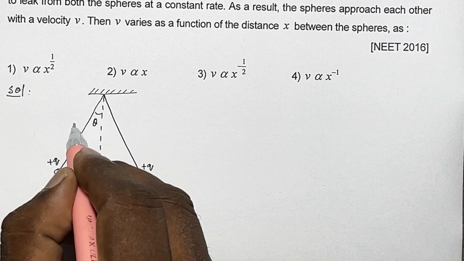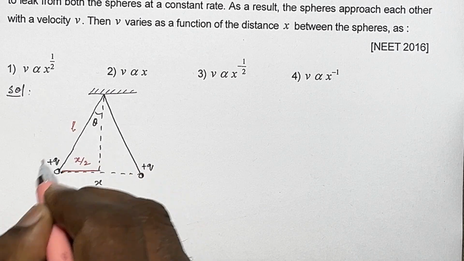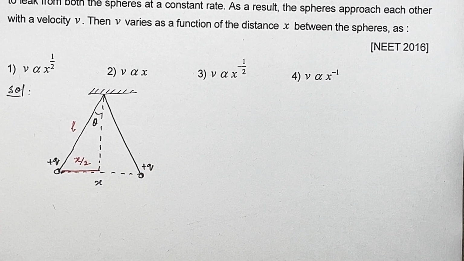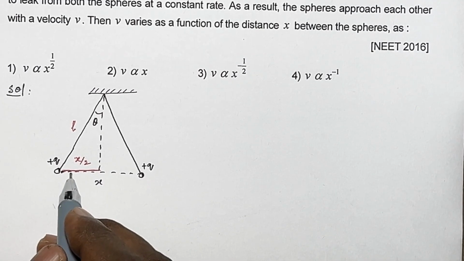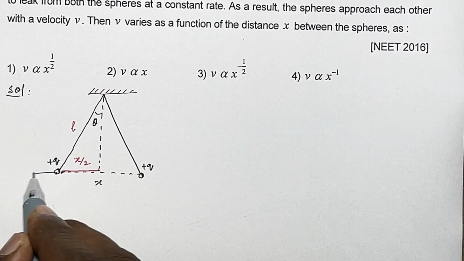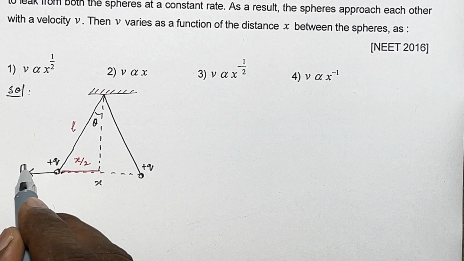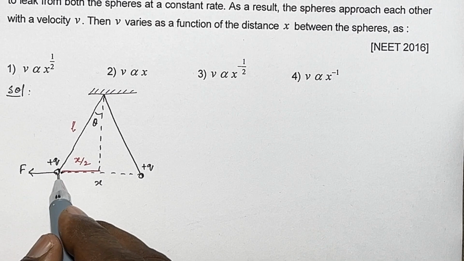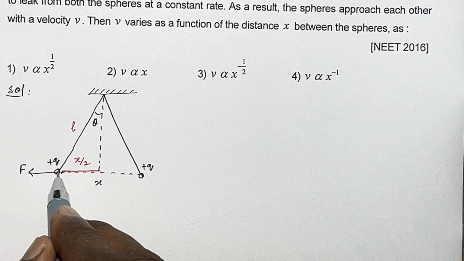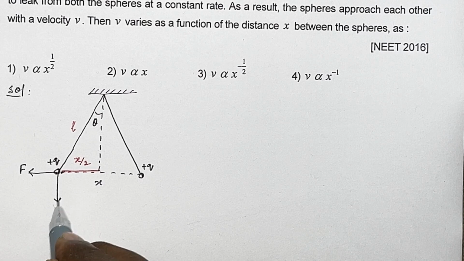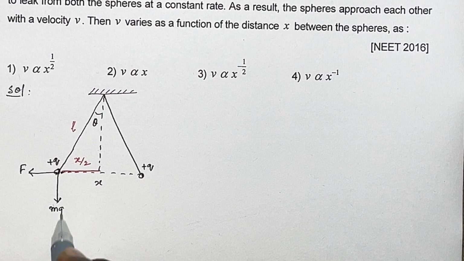The length of this string is L. See what forces are acting here. This q will repel this q in this direction, and this one has some mass, so like this its weight is acting.